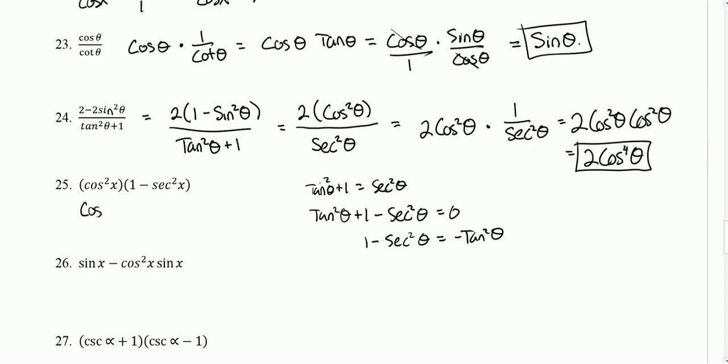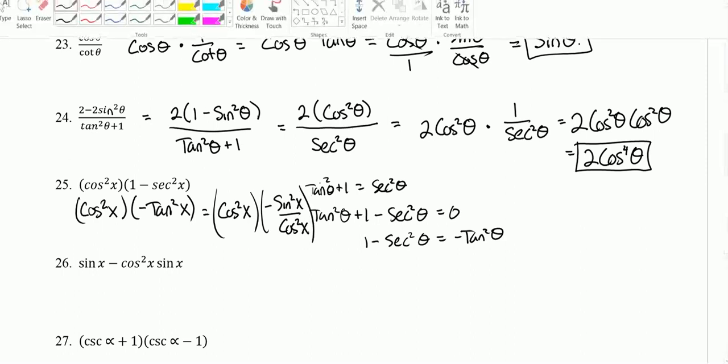And I get cosine squared theta, or here it's x, I guess, times negative tangent squared x. Tangent is sine over cosine, so this is cosine squared x times negative sine squared x over cosine squared x.